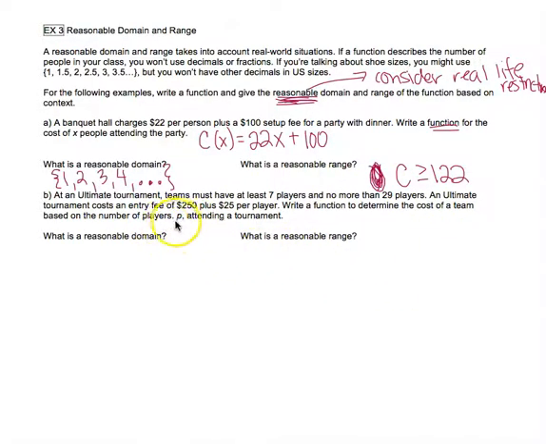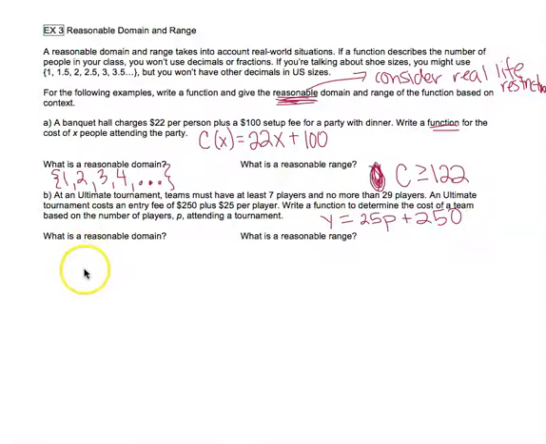So in this case, I know I'm going to use y this time. Y equals, so cost equals, since I already used C, it's $25 per player, so 25 times P, plus that entry fee of $250.